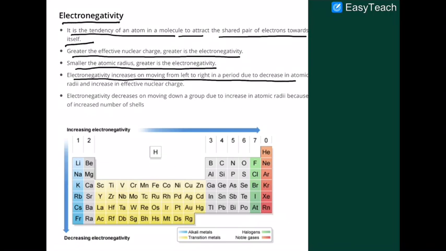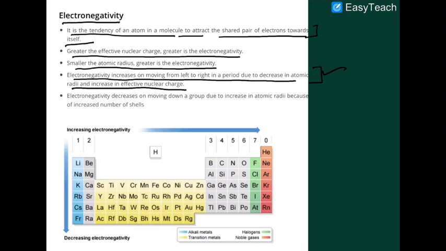And why? Because there is a decrease in atomic size and an increase in effective nuclear charge. I am repeating this concept once more: electronegativity increases on moving from left to right in a period due to decrease in atomic size and increase in effective nuclear charge. Memorize that completely. Okay?